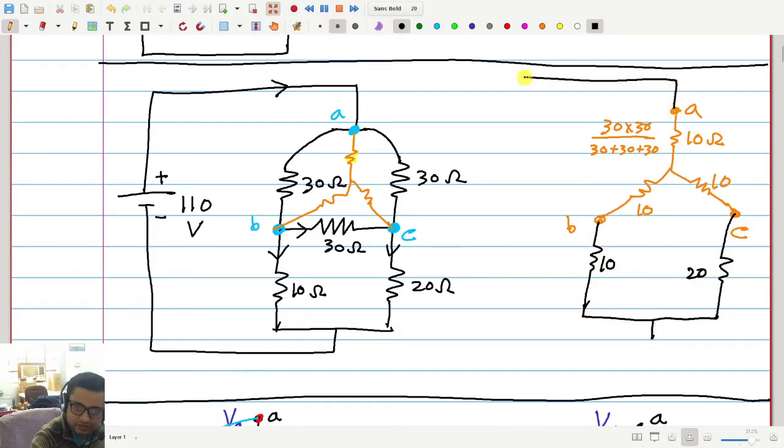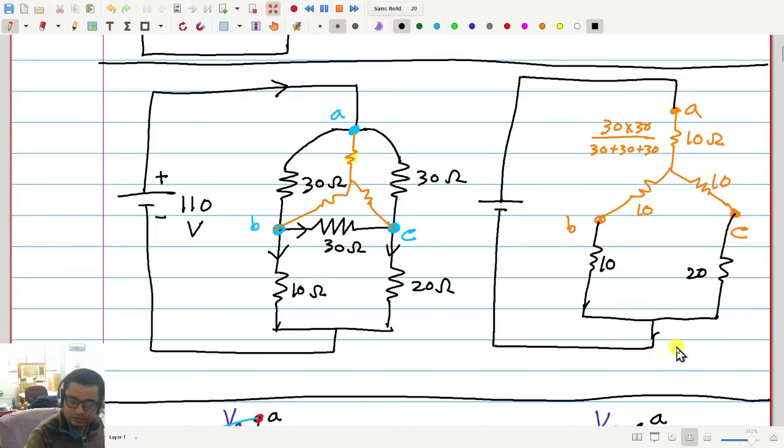Sir, while connecting between A and B, we are assuming that no other connections are made at C? Right. Sir, I'm still not able to understand how general this formula is.